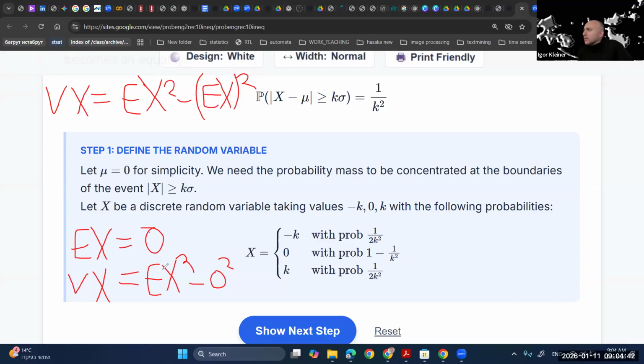Right. Okay, so variance of x equals expected value of x squared. How can we find the expected value of x squared? Please help me.